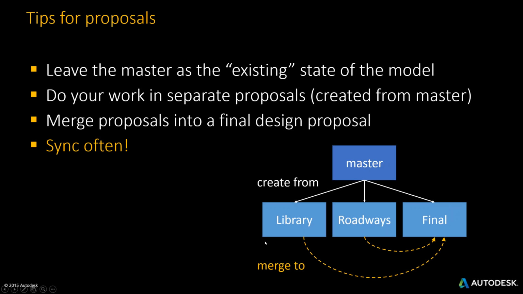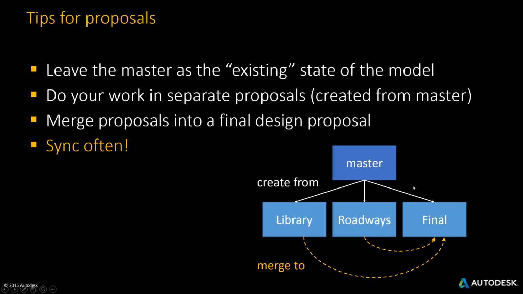So we did our work in separate proposals. I worked in library, Isaac worked in roadways. We could have worked in the same, and the sync would have merged all our changes together, but as I said, we like to control things, so we did it separately until we were ready, and then we merged into, again, another separate proposal.